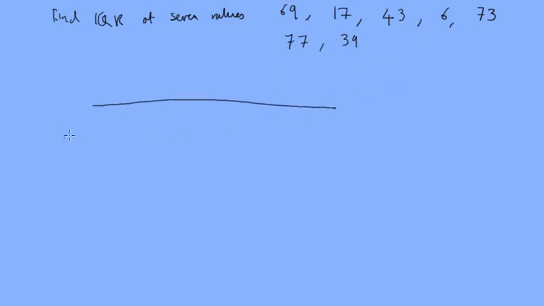So our lowest number was 6. Then we have 17. So we'll score these out as we go, so we don't lose some.